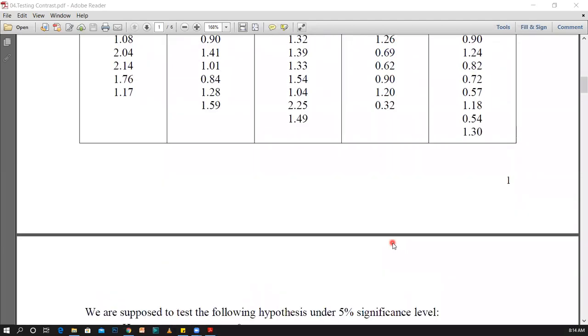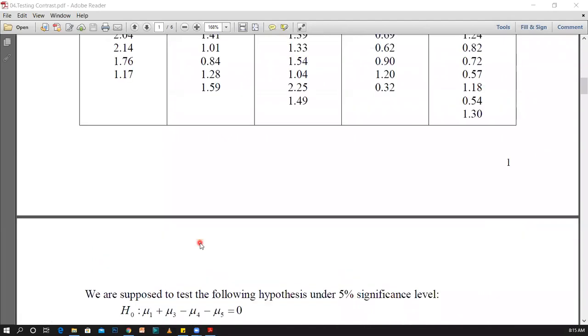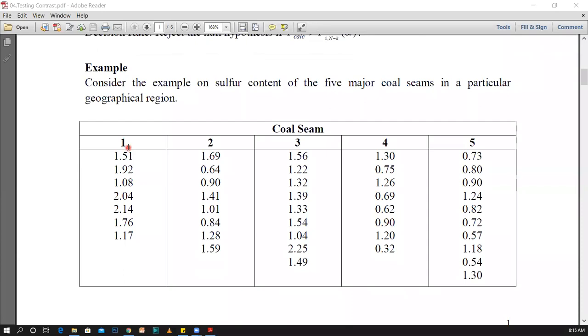And here we need to first check this hypothesis. We considered the coal seams when we discussed pairwise comparison. What we did there was, considering one coal seam, we tested for each of the other coal seams whether the mean values are equal or not. But when we define a contrast, it should also be a meaningful contrast.